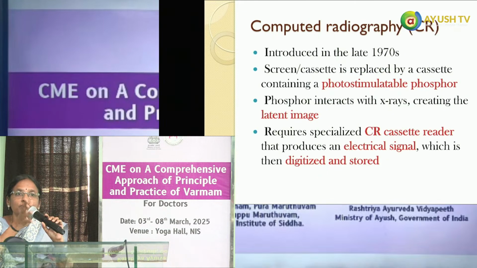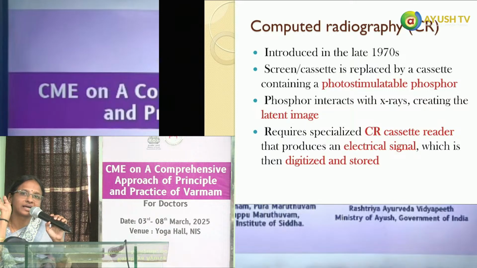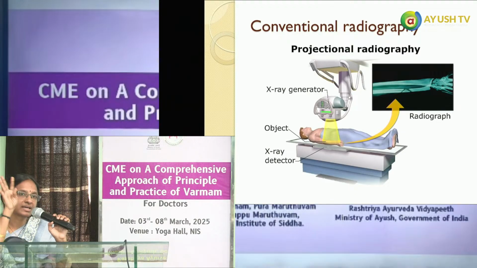The second type of X-rays are computed X-rays or computerized X-rays or CR. So this was in the later 1970s and the difference from conventional X-ray is that the X-ray setup is the same. The same X-ray tube, same electron emission, same X-ray beam passing through the forearm. The difference is in the X-ray detector. Before this, in conventional X-ray, they used to put a film.